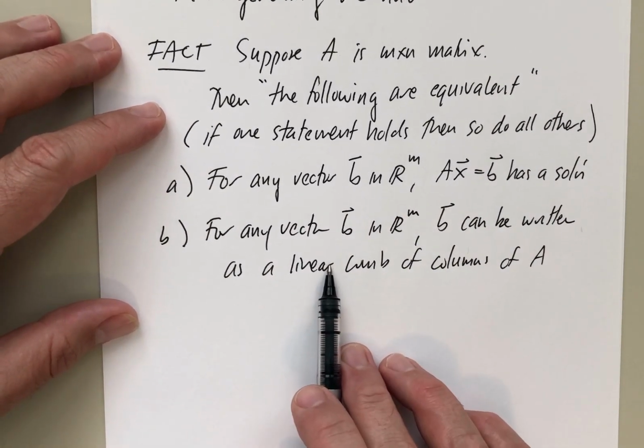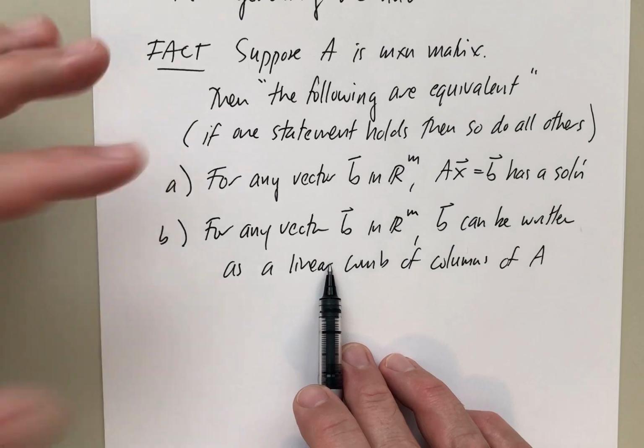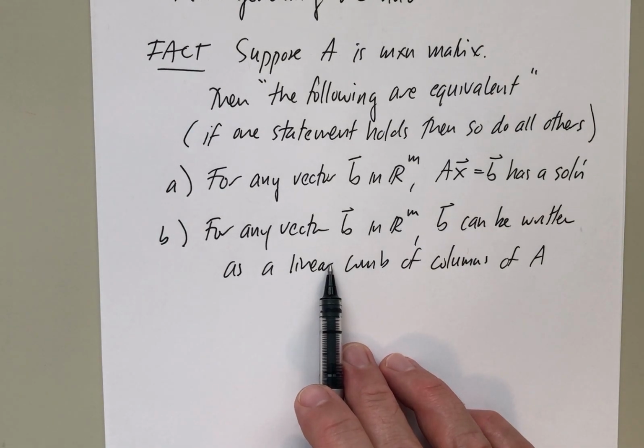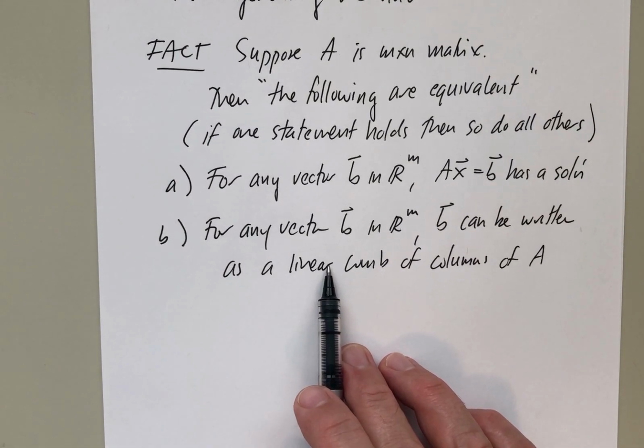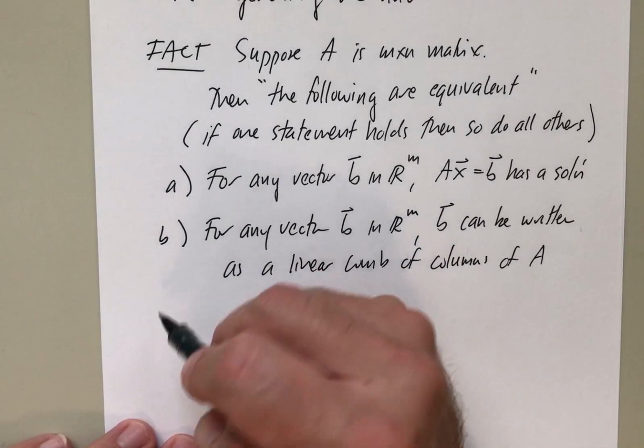Translating that to the underlying vector equation means there's some way to find weights so that the columns of A produce a linear combination that equals b.